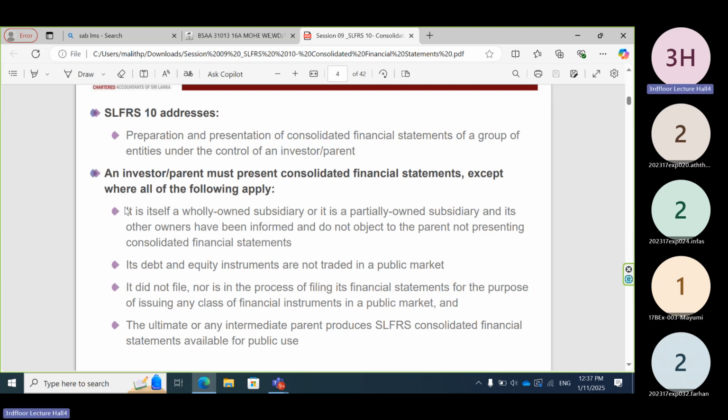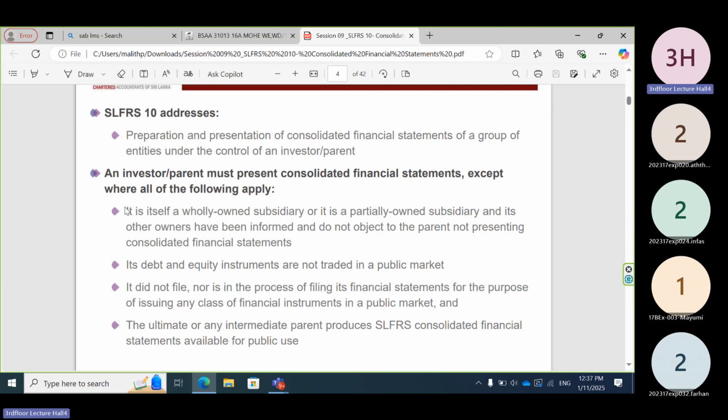In this scenario, an outside party may be there, maybe 20% or 30%. We call this NCI, non-controlling interest or minority interest. So if the other party is not presenting consolidated financial statements, there is no such obligation from that party. If it is so, we don't need to prepare consolidated financial statements.